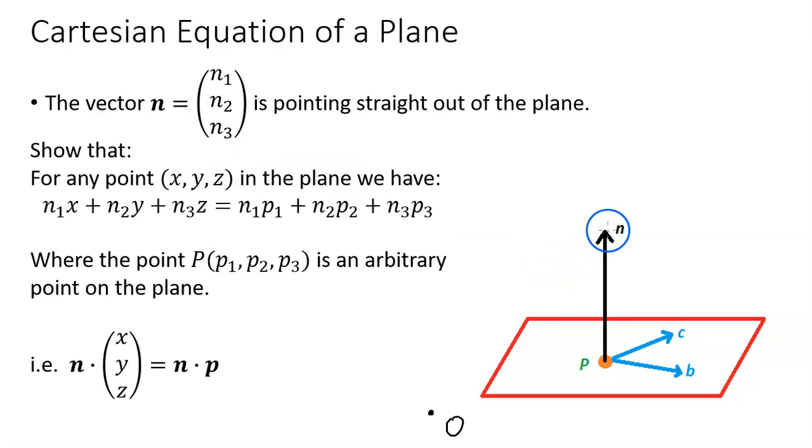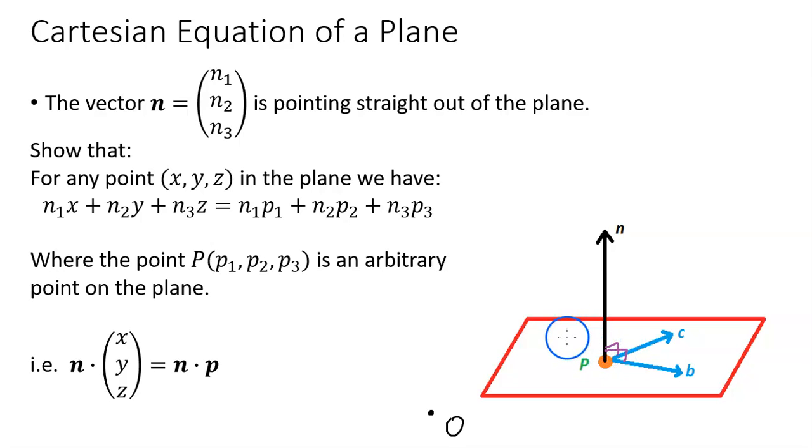But there's this other vector n, which sticks directly out of the plane in such a way that it meets the vector C at 90 degrees, and it meets the vector B at 90 degrees.